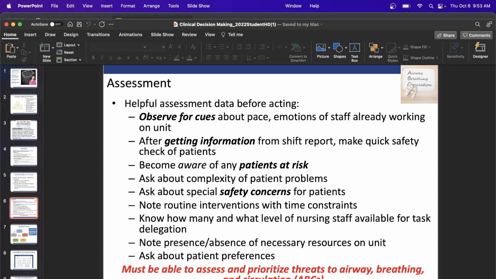So know what level of staff you have. When you don't have a unit clerk and nurses are running back to answer the phone at the station, that's brutal. That is really, really difficult. You call your supervisor if you're getting whacked with admissions and you don't have enough nursing staff. You call your supervisor and ask them to call someone in, right? If you've got PCAs, you can't do it all.